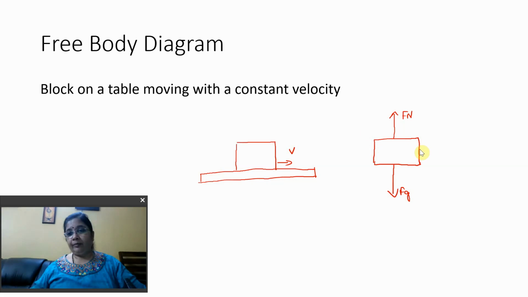So you have a third force, the frictional force, acting on the body. This will be the free body diagram for a block on a table moving with a constant velocity.